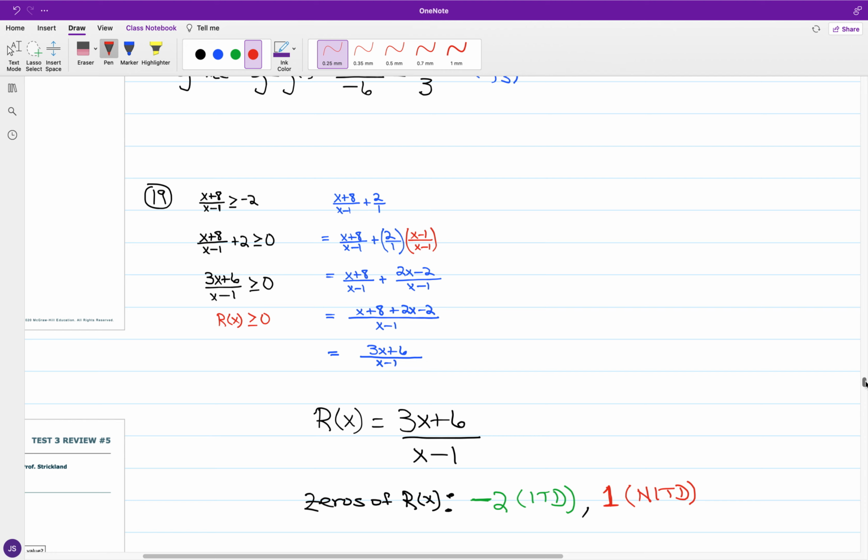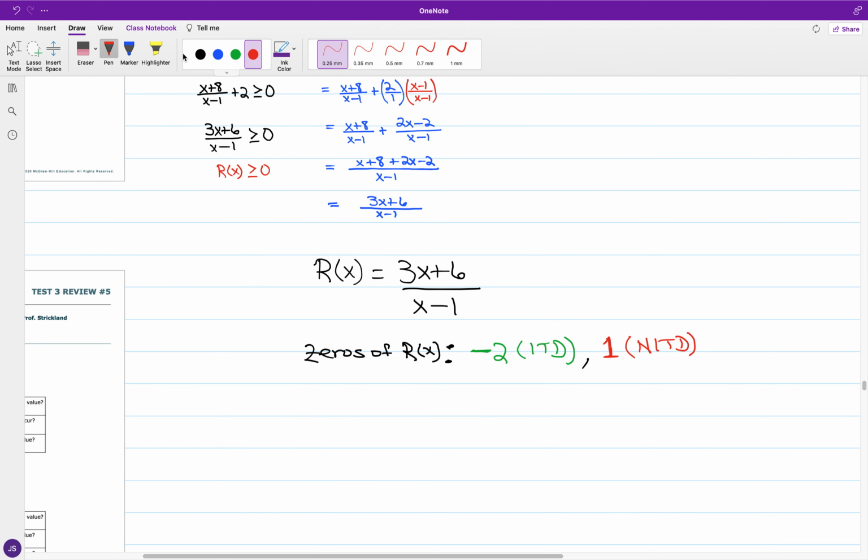And just situating what we have here, we can establish, again, a table of intervals. Okay, and we have revolved about these particular zeros.